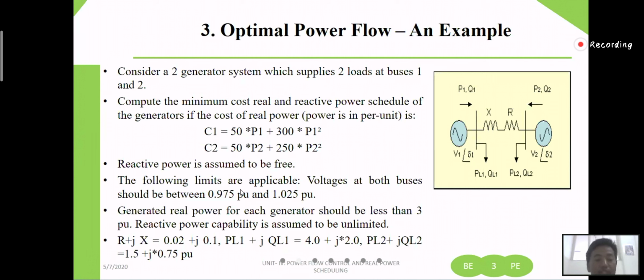That's fine. Then voltage limits are also given: voltage at both buses has a maximum and minimum value. Generator real power should be less than 3 per unit, meaning each generator should generate 3, and some other characteristics are also given. That is, the impedance has been given, then the load power, both reactive and active power, for both buses.